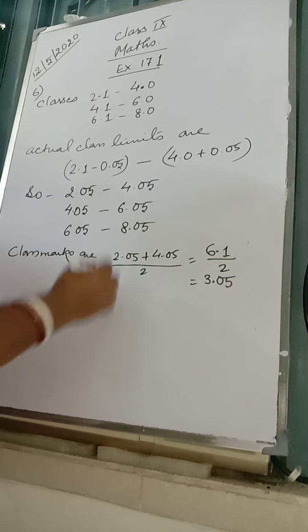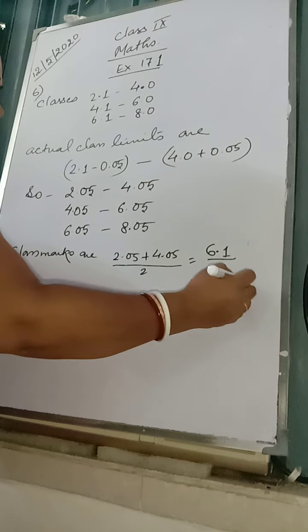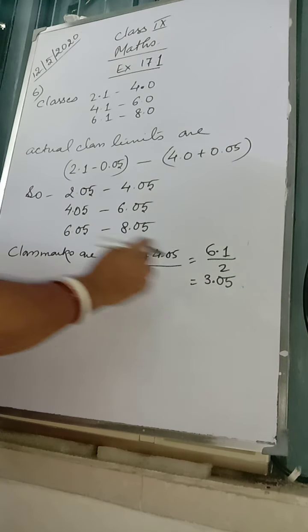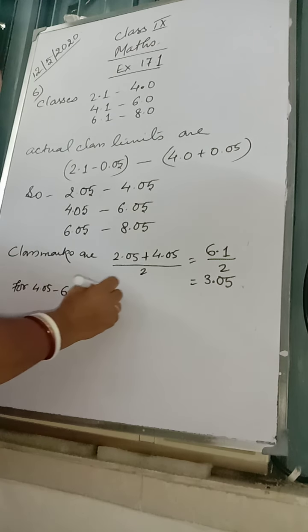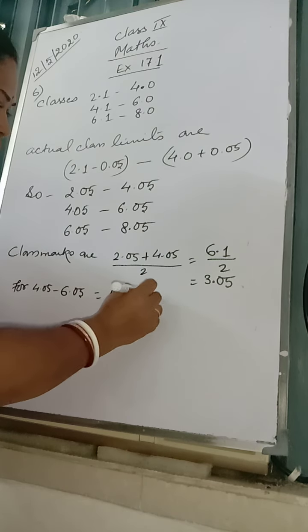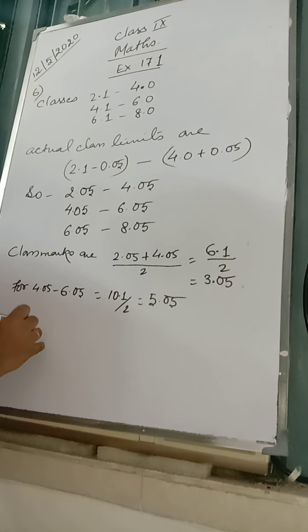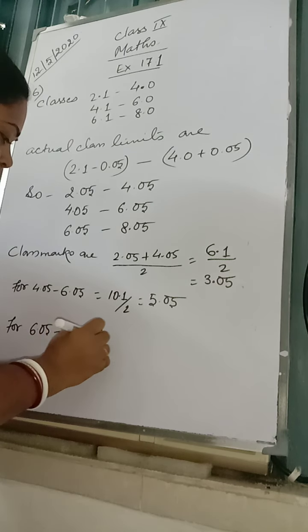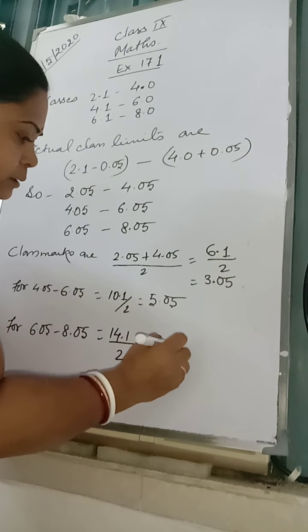Then for 4.05 to 6.05 the class marks are 10.1 by 2, so 5.05. And for 6.05 to 8.05 we will have 14.1 by 2, so 7.05.